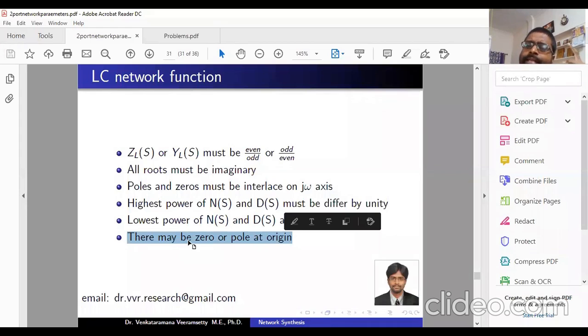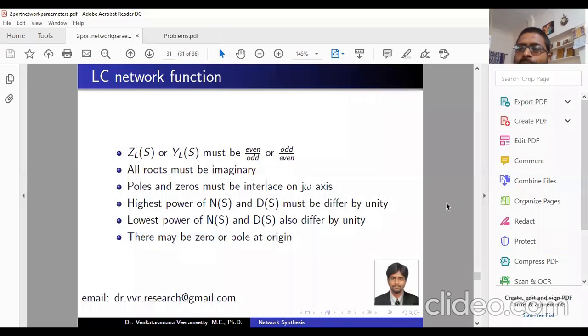Similarly, the highest degree difference between the numerator and denominator must be 1, not maximum, must be 1. And the difference between the lowest degrees in the numerator and denominator must be 1 again. And the last point is, there may be a 0 or pole at the origin. So these properties, try to remember.